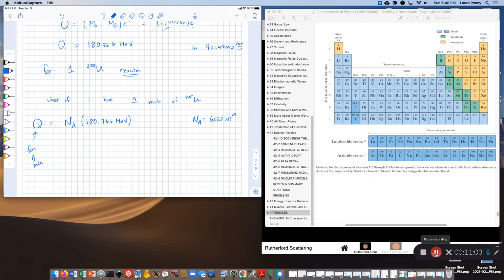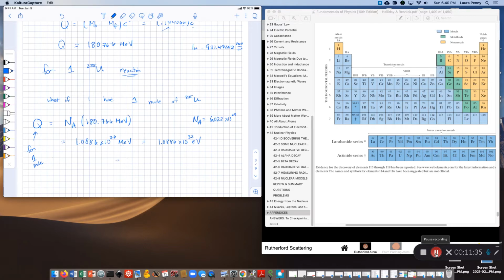So let's multiply that. 6.022 times 10 to the 23 times 180.766 is 1.0886 times 10 to the 26 millions of electron volts. If I write this instead of millions of electron volts, ME is 10 to the 6, so this is actually 10 to the 32 electron volts.